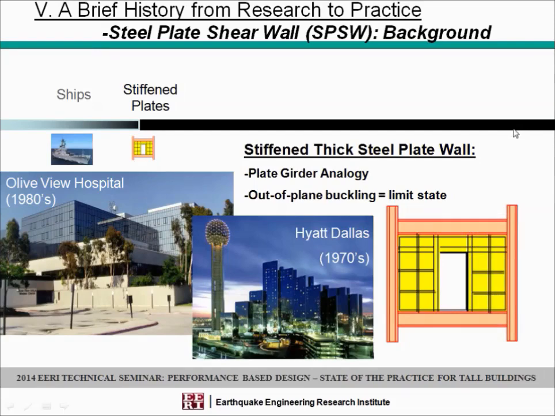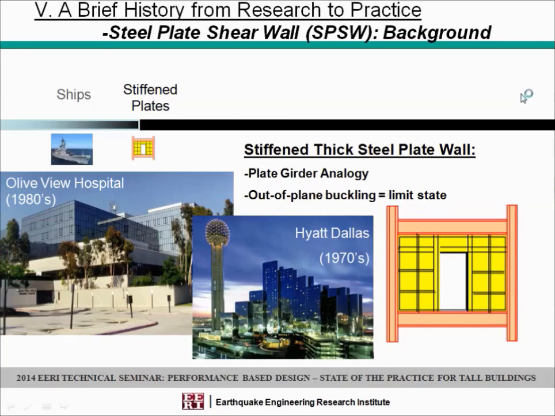That basically had the analogy coming from the plate girder analogy, and its limit state was out-of-plane buckling. The minute we've seen out-of-plane buckling, it requires a lot of stiffeners. It's like the web of a plate girder. Later, a few years after, we had to rebuild the Olive View that collapsed in the 71 Sylmar earthquake, and nobody had confidence in redoing this building in concrete, so it ended up being done in steel plates on the exterior of the building.